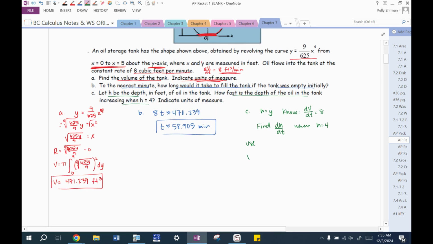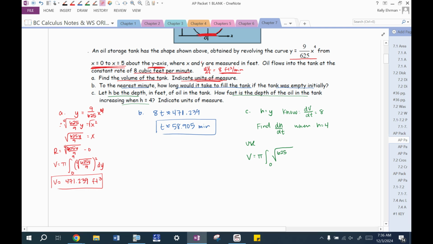We have that volume is equal to pi times the integral from 0 to some other time. And then when I squared the fourth root, that left me with a square root of 625, and then just instead of y, oh no, wait, sorry.